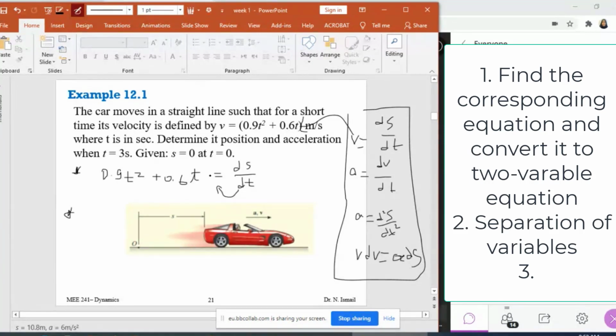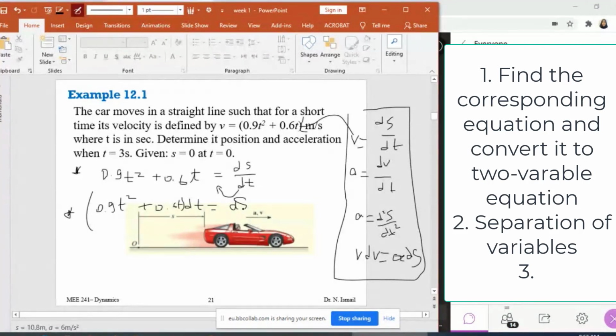This is what we always did when we have a differential equation. So what I'm going to do here is the separation of variables: (0.9t² + 0.6t) dt = ds. So that's it, guys.